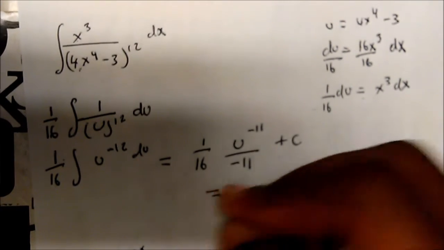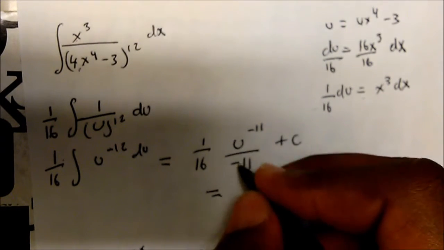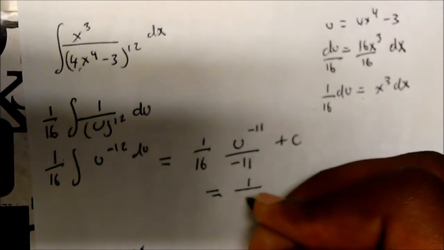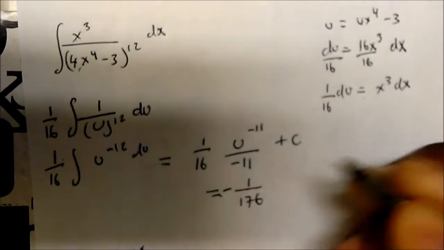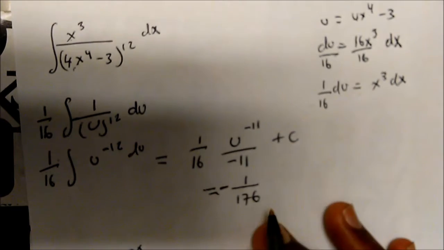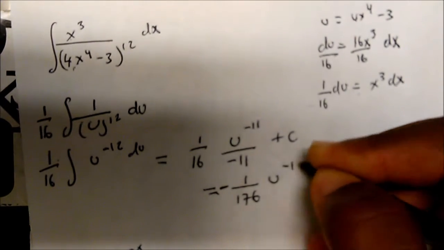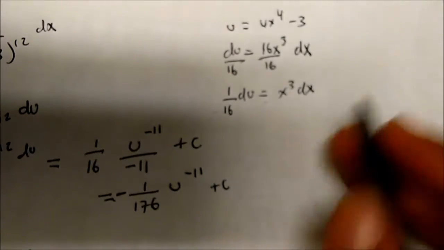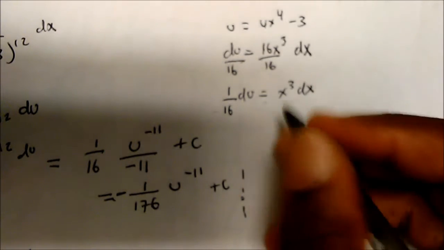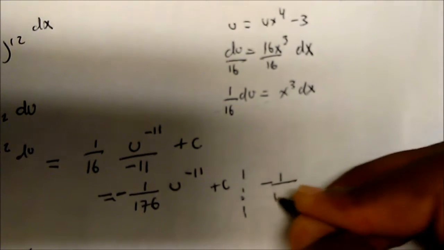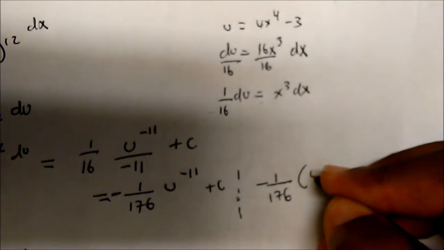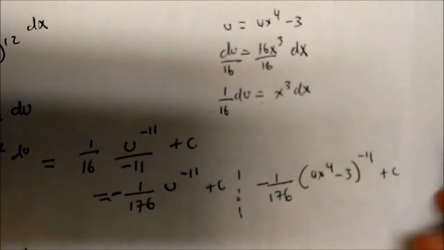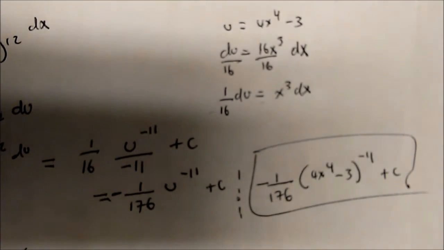I can multiply 1/16 by negative 1 over 11, and that gives me 1 over 176, with a minus because of the negative here. That will be u to the negative 11 plus c. Then all we do is plug in our u from here. So our answer will formally be negative 1 over 176 multiplied by 4x to the fourth minus 3 to the negative 11 plus c. And that will be your integral.